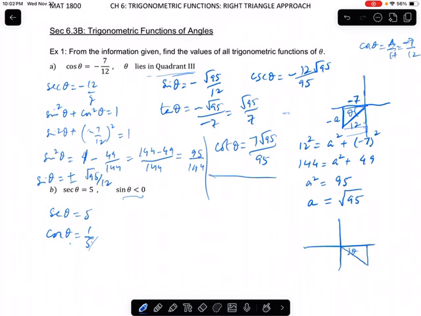So cosine is 1 over 5, so 1 goes here and 5 goes here. This is the x-axis, this is the y-axis. Notice that the adjacent is positive because we are along the positive x-axis, but this side will have a negative value. For now, let's call it a and find a.